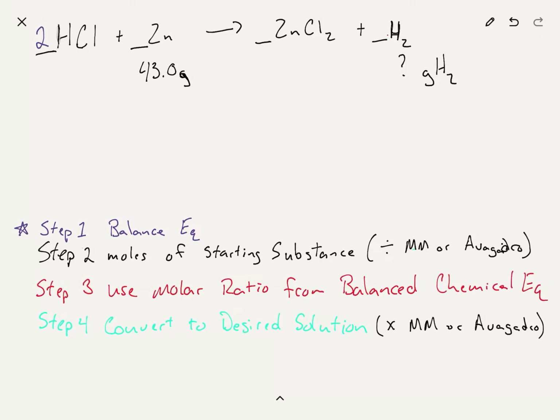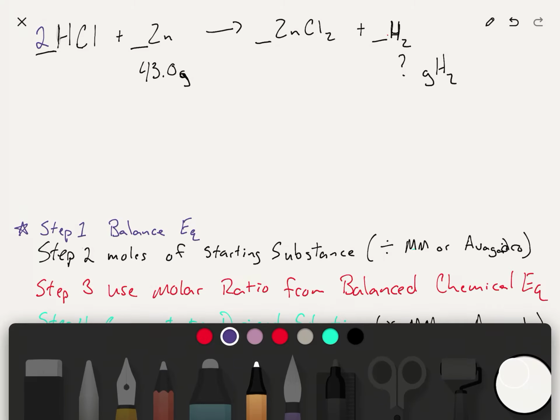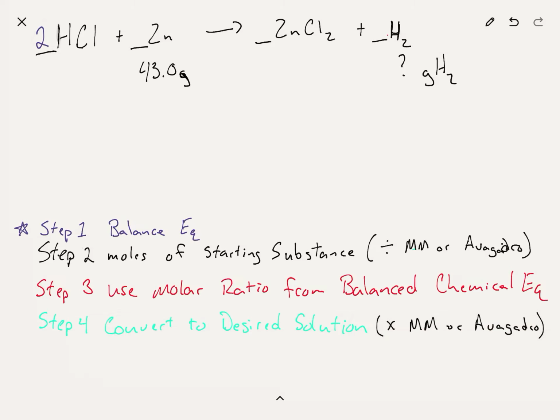Next, we're going to look at what the problem's asking. It's giving us 43 grams of zinc, and it wants us to find grams of hydrogen gas. So we have 43 grams of zinc.